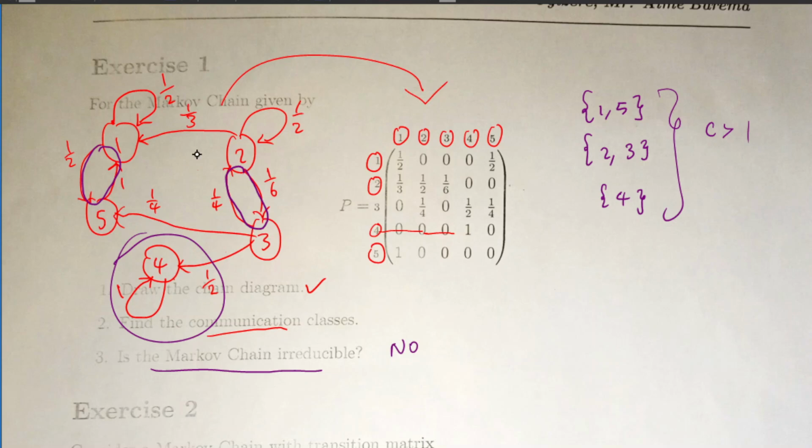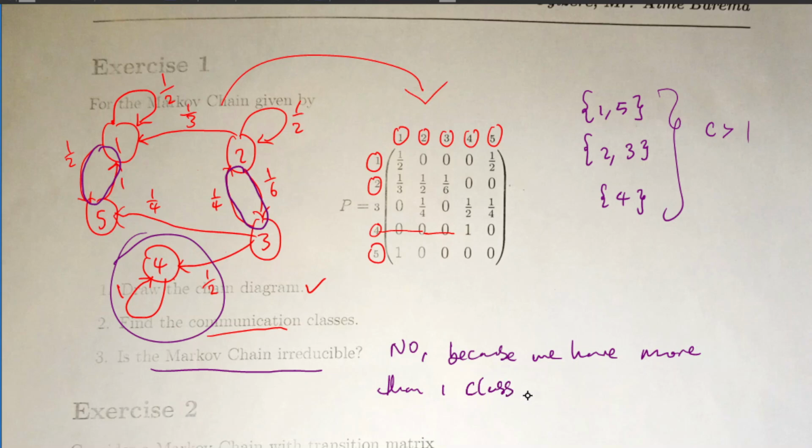You can move around this and so on. So starting at A, we cannot move everywhere. Since we have many classes, this is not irreducible. So no, because we have more than one class.